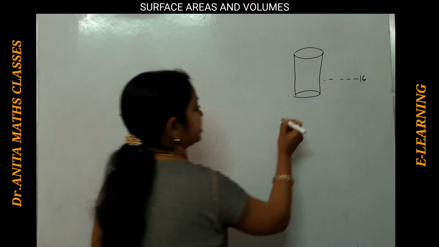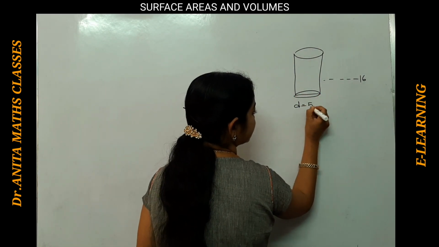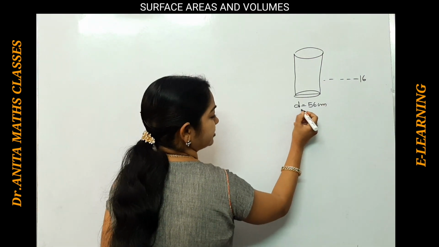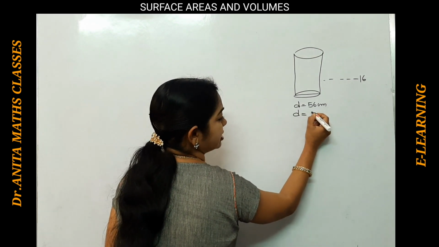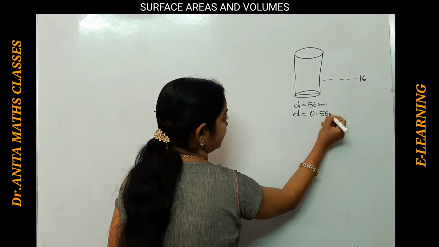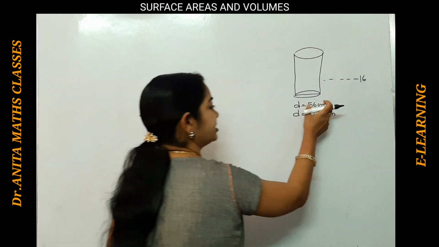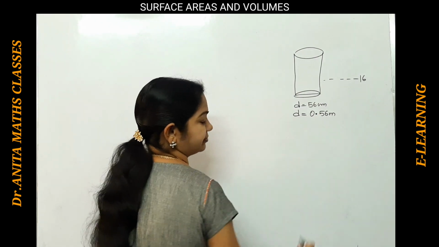Diameter is 56 centimeters. So we will shift this into meters. We know that 1 meter is 100 centimeters, so 56 centimeters is 0.56 meters.